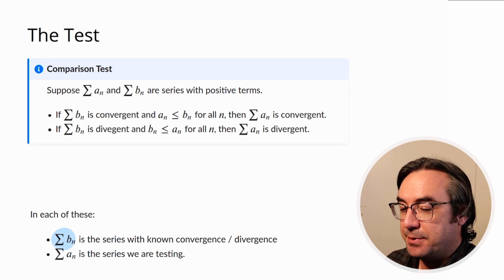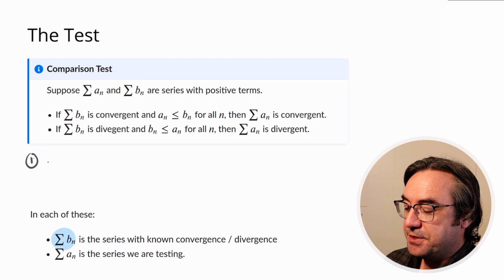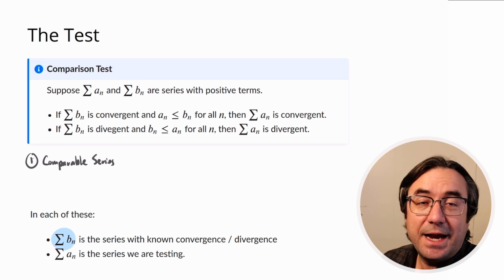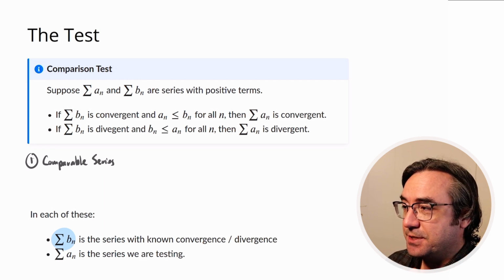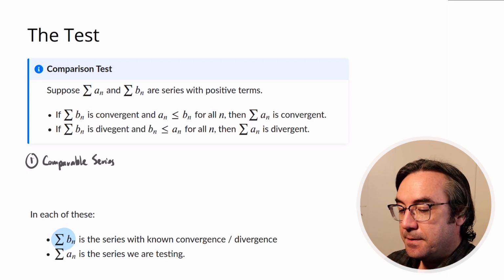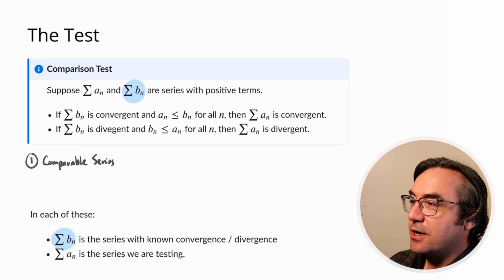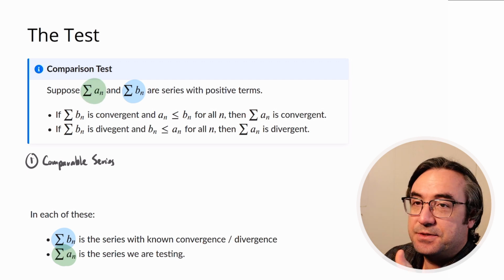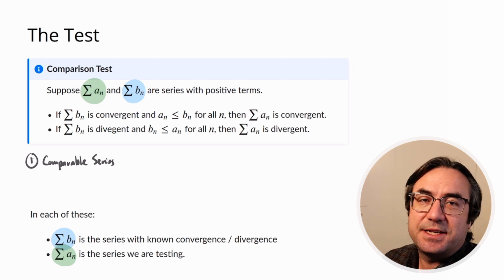So that's our first step, is to figure out what the comparable series actually is, and then explain why it's convergent or why it's divergent. All right, so that's the first step. So sigma bn is our comparable, and then sigma an is the series that we're actually testing.